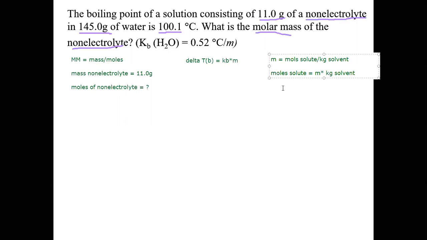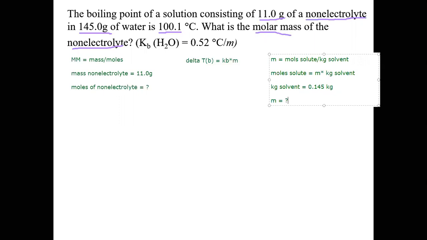So in order to calculate the moles of solute, we need to know the kilograms of solvent, which we do. It tells us that we use 145 grams of water, so that'd be 0.145 kilograms of solvent. And we need to determine the molality of the solution, because once we know the molality, we can find the moles.